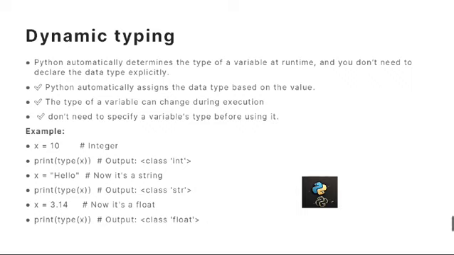So no need to specify the variable type before using it. In this slide you can see x is having three different types of values like 10, hello and 3.14, that is a float value. If you check the type of this x variable, depending on the data type it holds, it will give the data type of that particular x value.